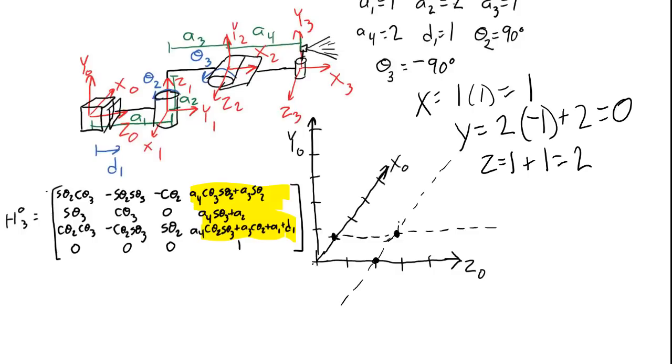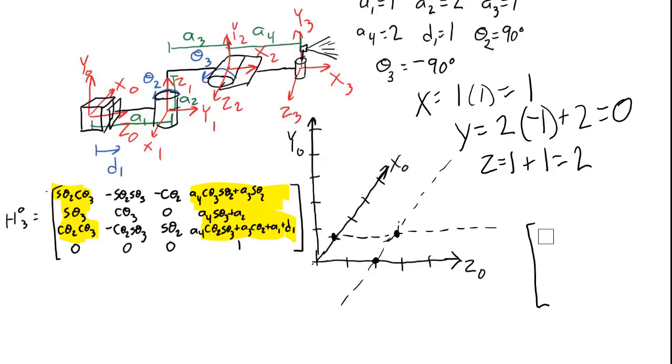And we know that x3 is represented by the first column in the H03 matrix. So here I want to figure out what these 3 values are. I'll just draw a vector here. The sine of theta 2 is 1. And the cosine of theta 3, which is negative 90, is 0.